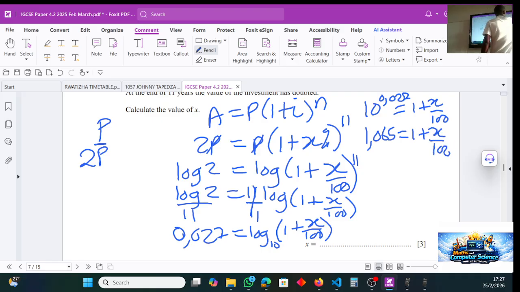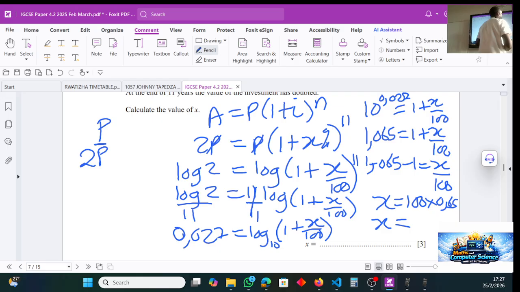Now, because I'm looking for x, I can transpose 1, and I'll say 1.065 minus 1 being equal to x all over 100. Then in order for me to get x the percentage, I'll multiply whatever result that I get, which is approximately 0.065, then it will turn to a percentage.